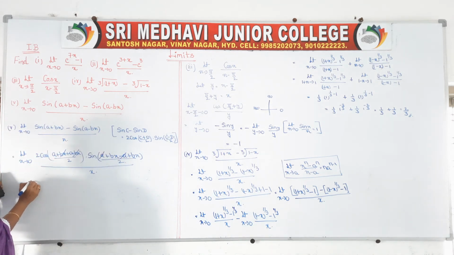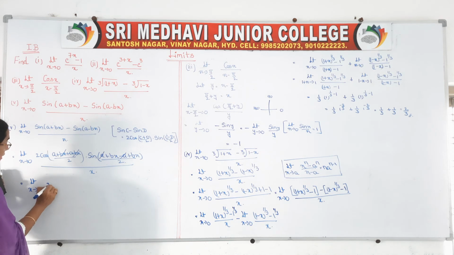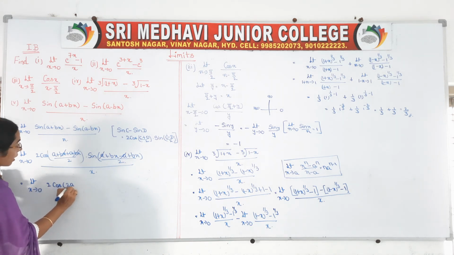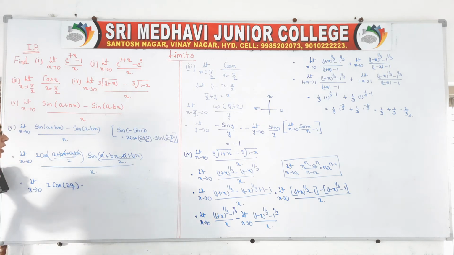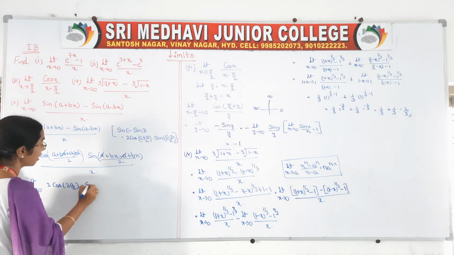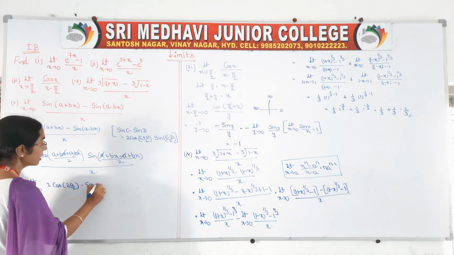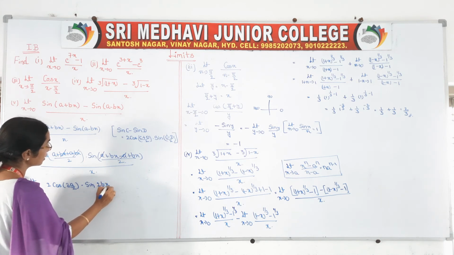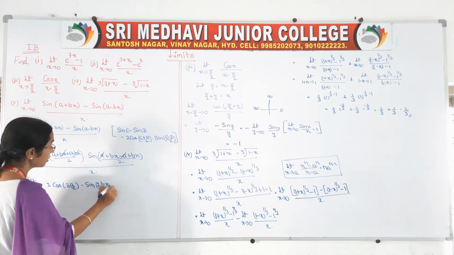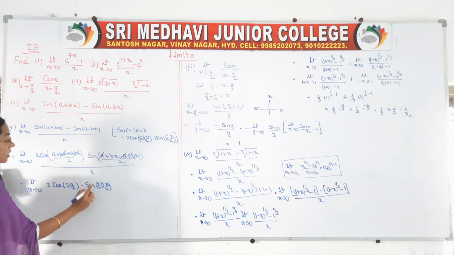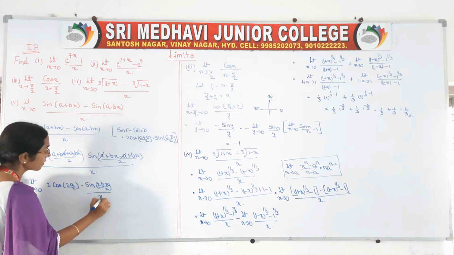So it is equal to limit x tends to 0. Come on, we can write this as 2 cos of 2a by 2, into sine of bx plus bx, 2bx, isn't it, 2bx by 2. So I am writing this x for sine.